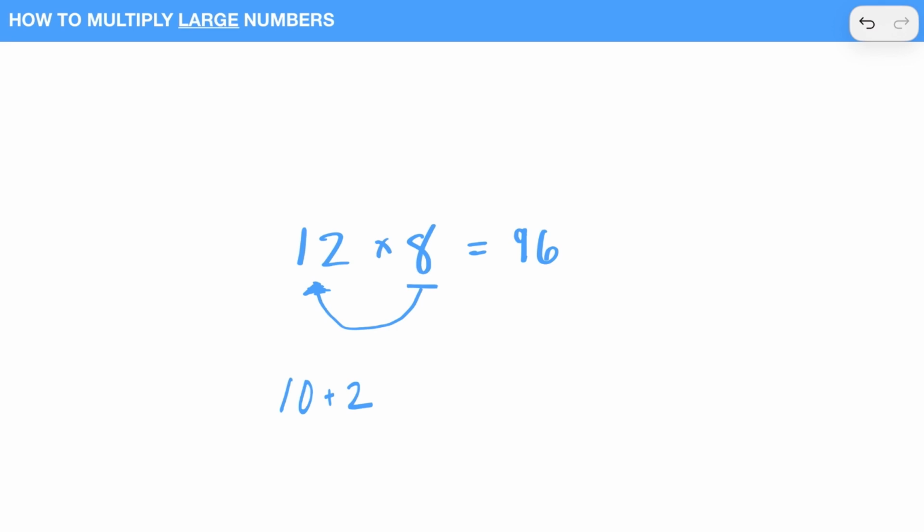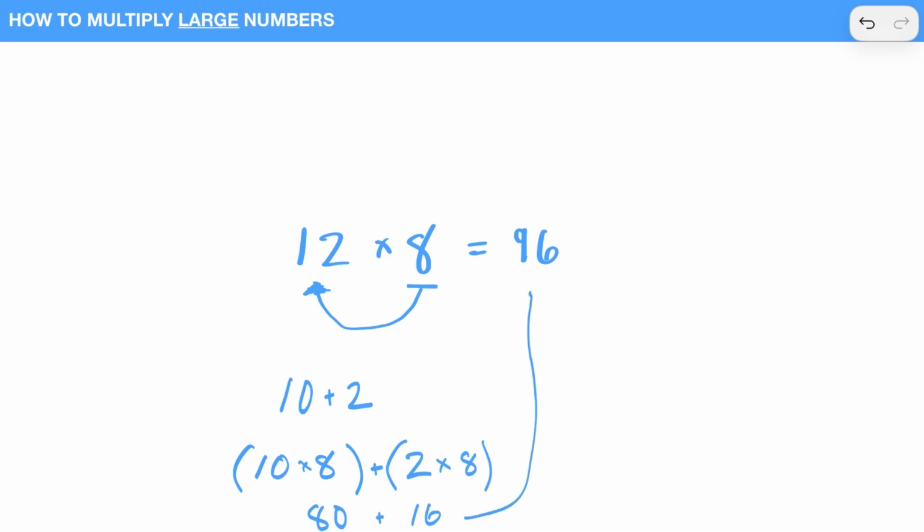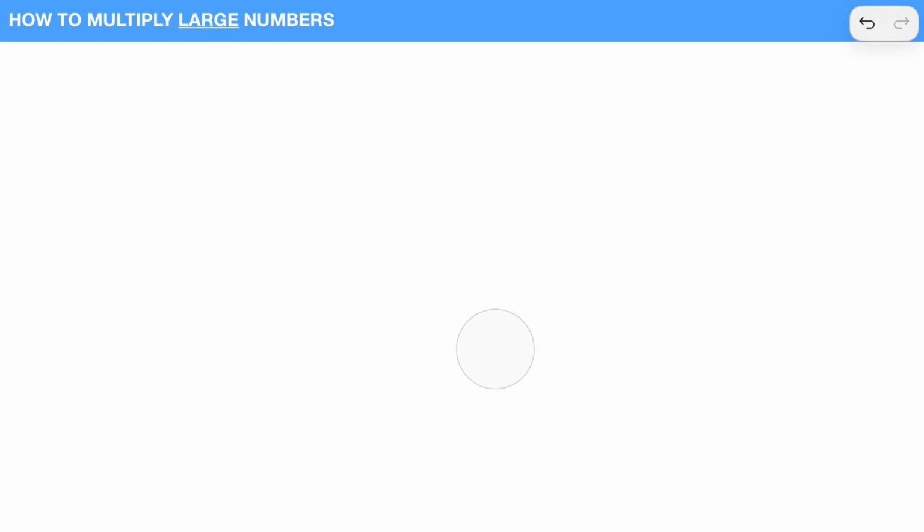And when I say we are multiplying 8 by everything that is 12, I'm saying we're doing 10 times 8, and then we're also doing 2 times 8, and we're adding these together. 10 times 8 is 80, and 2 times 8 is 16. If you add those together, you do in fact get 96. And it's going to be this principle where we take all of the digits and we multiply them by all of the digits. And you're going to see what I mean by that kind of weird sounding sentence in a second.